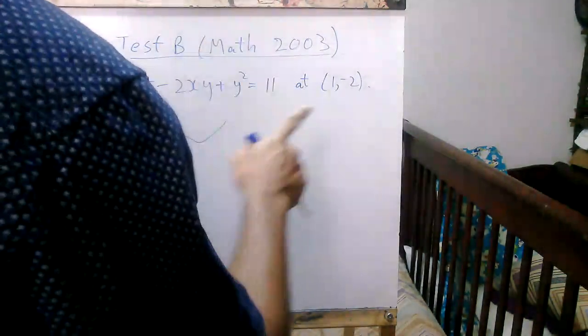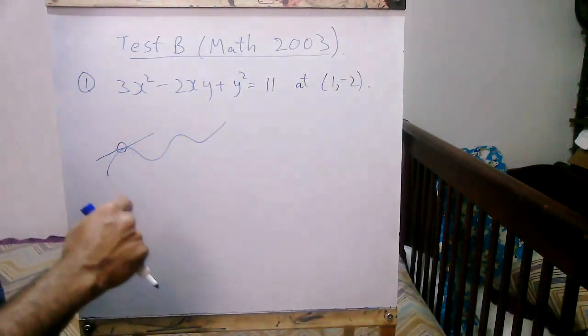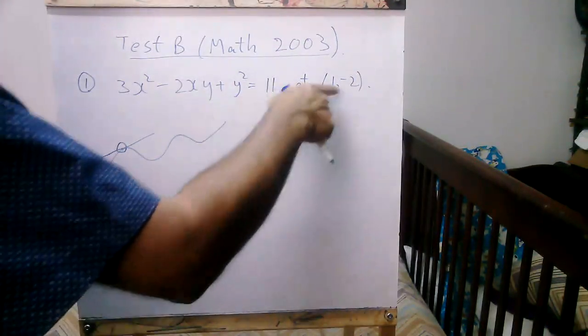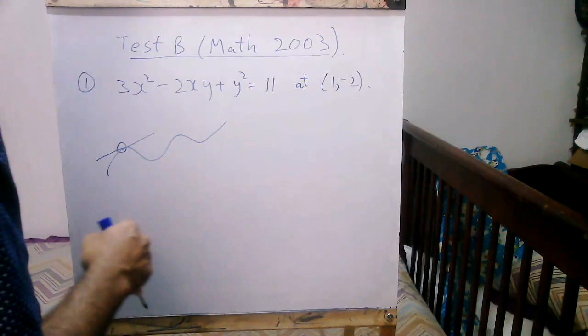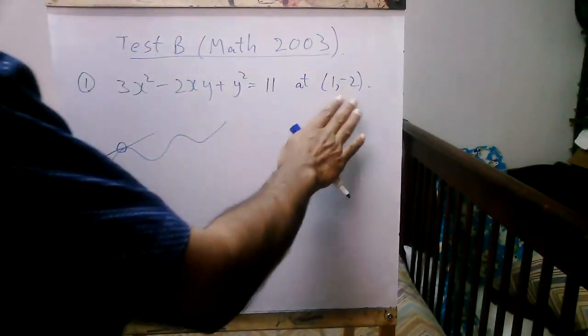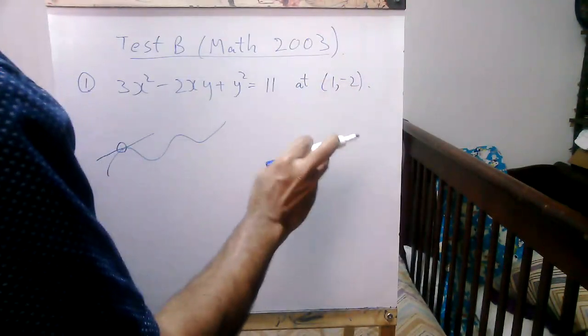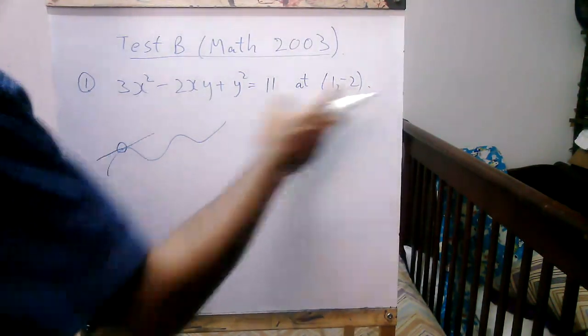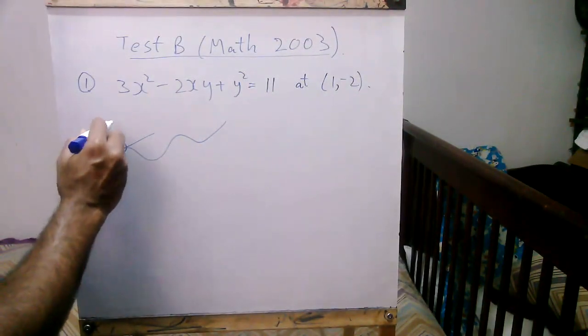I believe the reason they give you (1, -2) is that when x equals 1, y may have two different values. But you don't have to worry about those details since they give you the point.